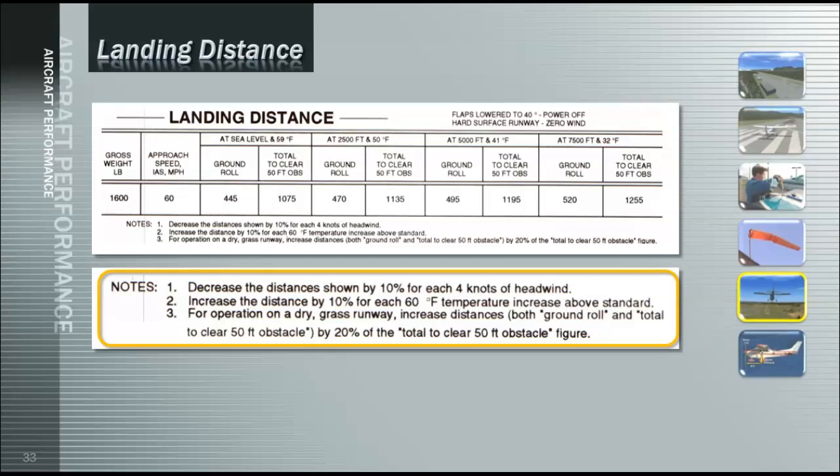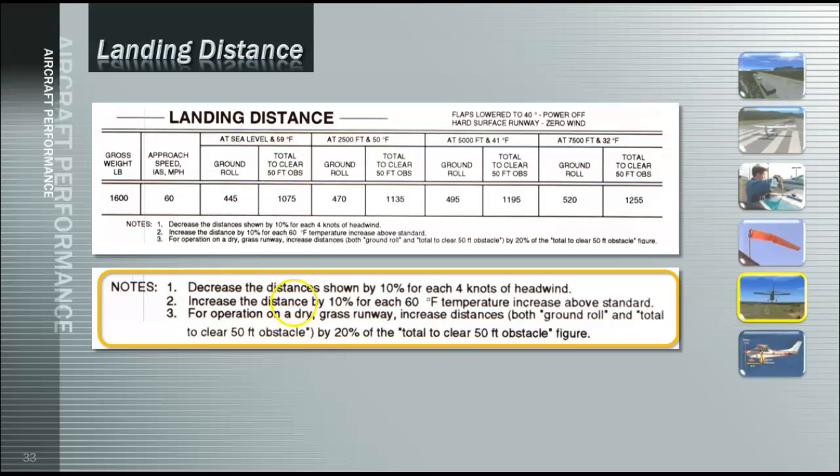So above standard would be whatever is above these temperatures. These temperatures are standard temperatures at these altitudes. So if the temperature was 60 degrees Fahrenheit higher than 59 degrees Fahrenheit, which is quite hot, we'd have to increase the distance by 10%.